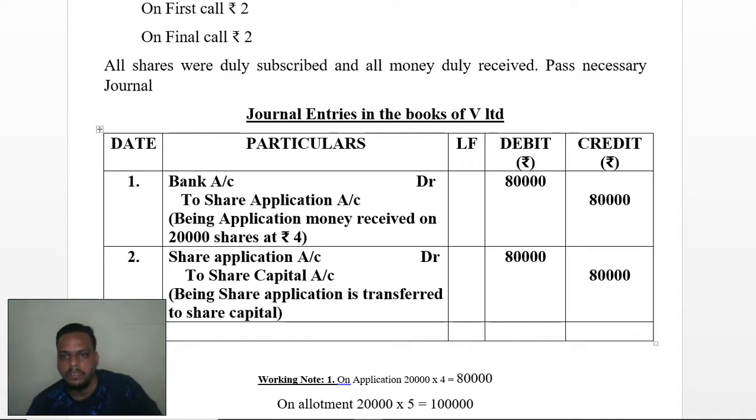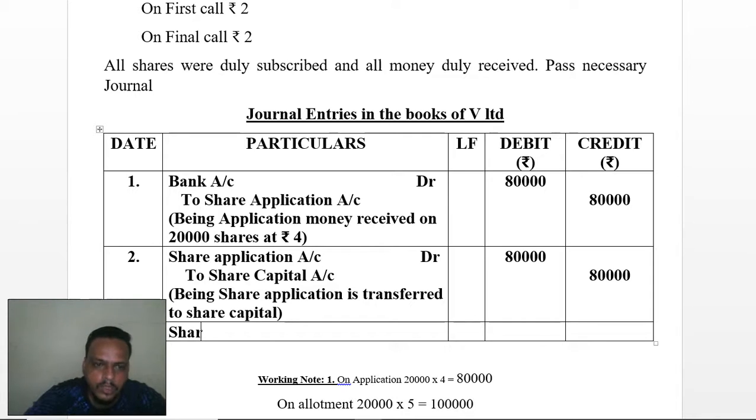Once you have completed this, now we are into the allotment. Here, as I said, first you have to transfer and then you have to receive. So here we go with the transfer part or due part.